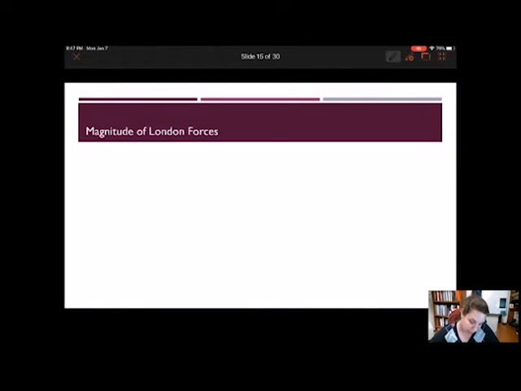So if we have a nonpolar molecule, or even a polar molecule, the greater our molecular weight, the greater our London forces.